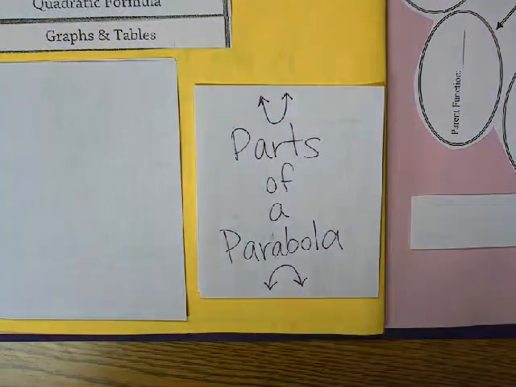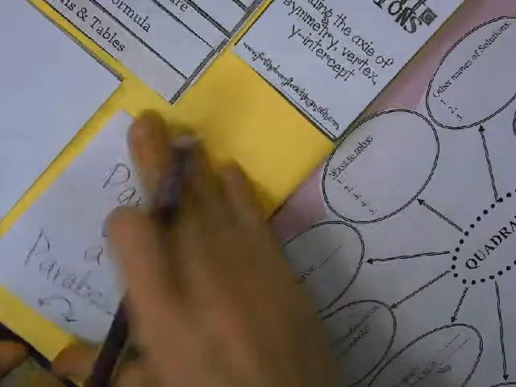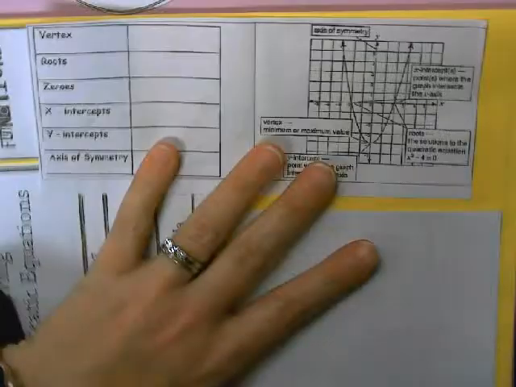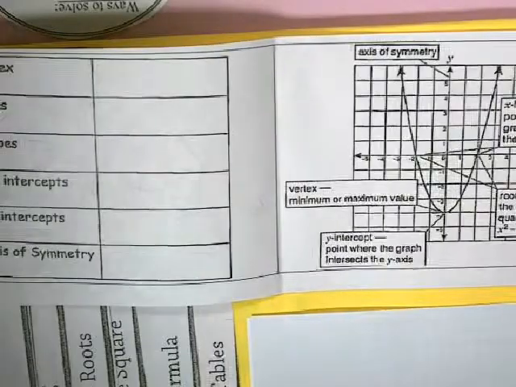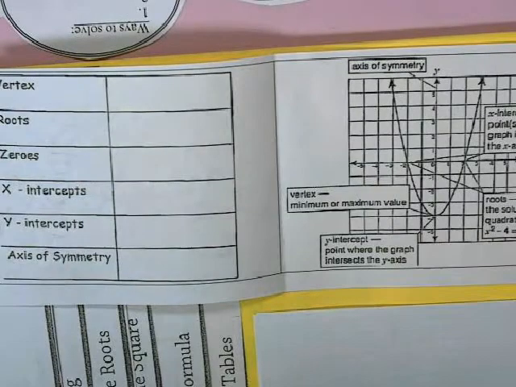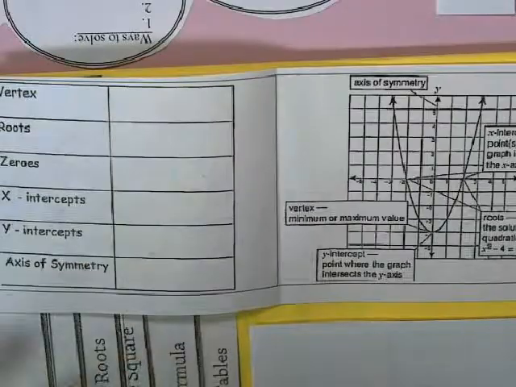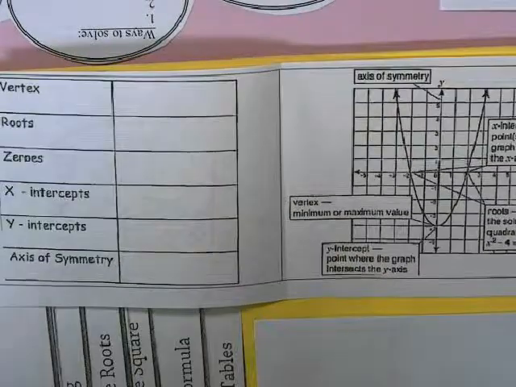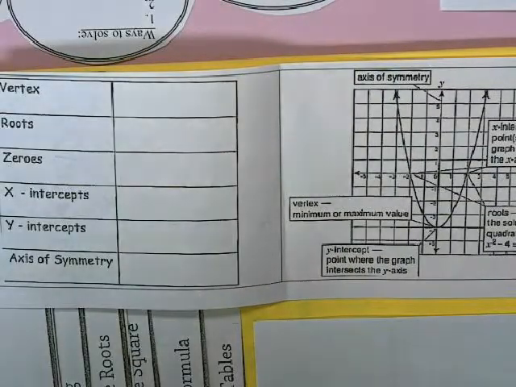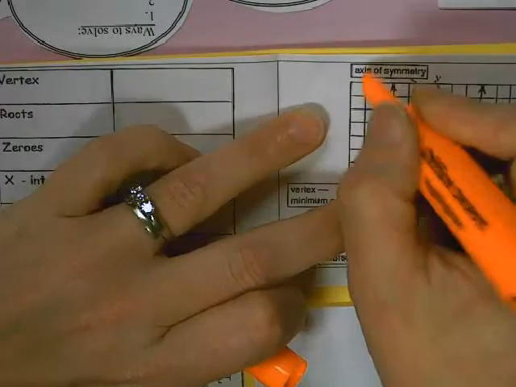Alright, so let's open it up to the inside, and we're going to use some colors to highlight some things inside here. If we're looking at this graph, this is just vocabulary for you. We're going to start with the axis of symmetry, which is basically just the line that divides the parabola into two parts.